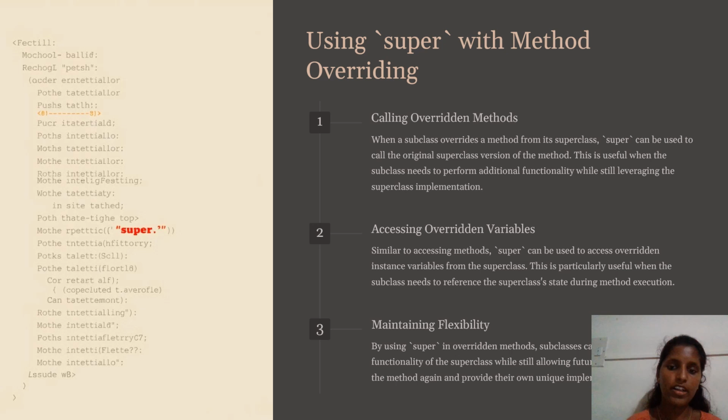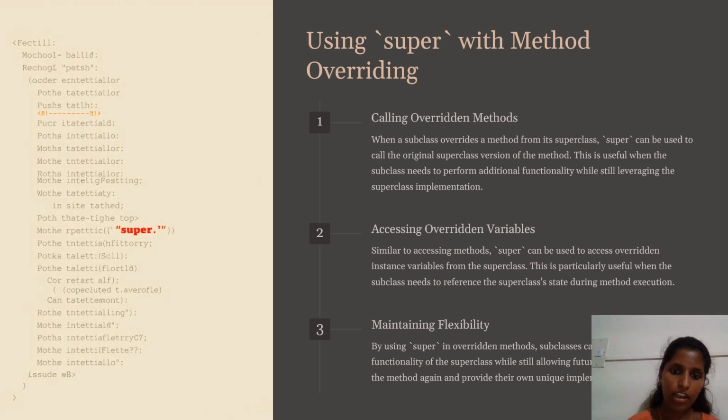Accessing overridden variable. Similarly to accessing methods, super can be used to access overridden instance variables from the superclass. This is particularly useful when the subclass needs to reference the superclass state during method execution.